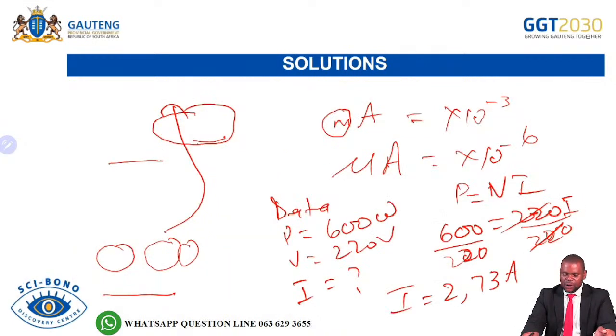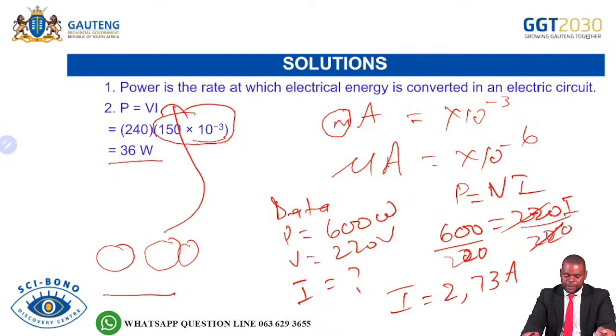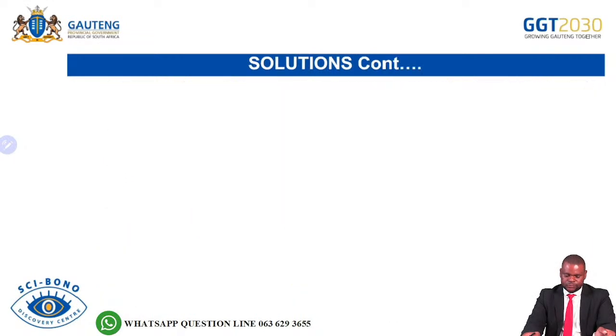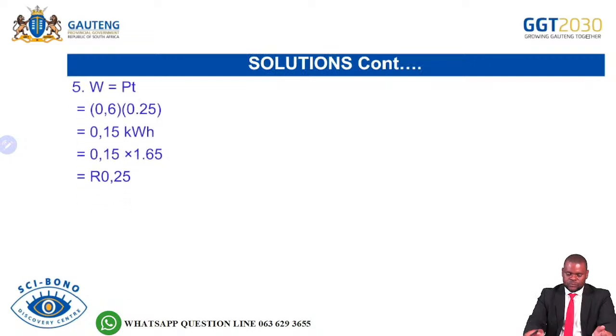The time that we're given is how much? 15 minutes. Are we together? Yes. Then we have this. What we're given is that time is equal to 15 minutes.